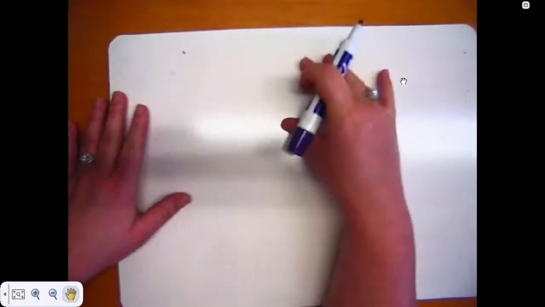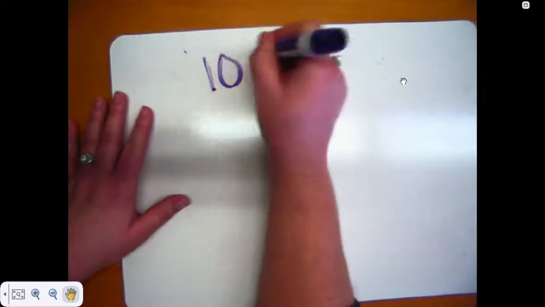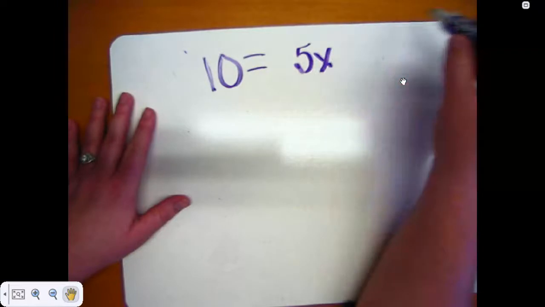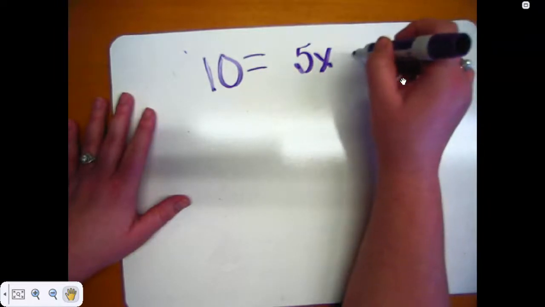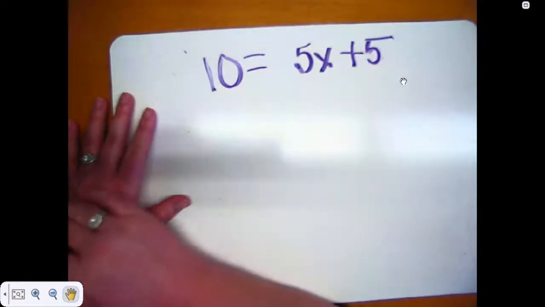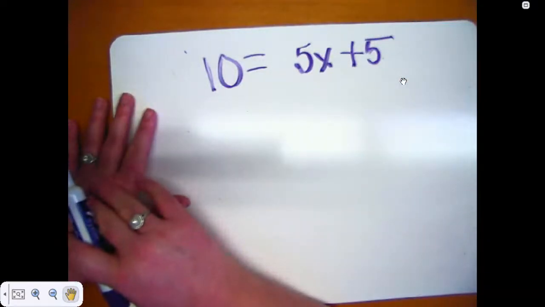You don't always have to have the variable on this side. It can also be on this side. So you could have 10 is equal to 5x plus 5. So if it was written like this, all you would need to do is the same thing.